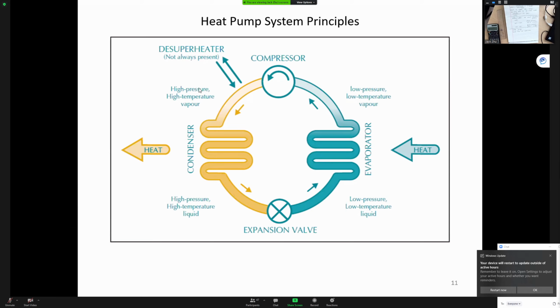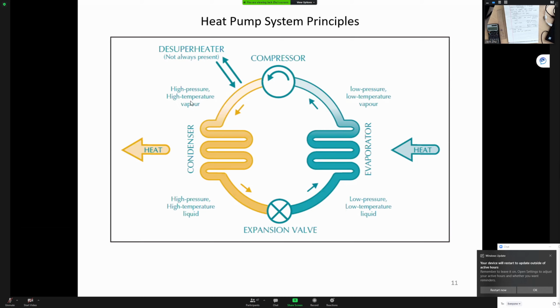When the pressure is high enough, the boiling point increases, so the vapor is not going to stay in the gas state anymore. They try to change to liquid. When the vapor changes to liquid, they have to give up that latent heat of vaporization. That's where they release lots of heat to the surroundings.